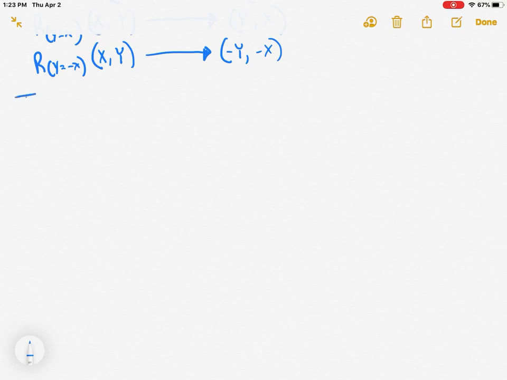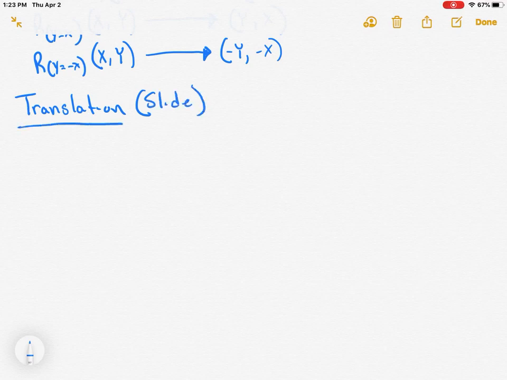Now we have translations. Translations, they are our slides, right? It's like teaching a dance. We have our slides, okay? And our translation rule is, for the translation, we have h and k.